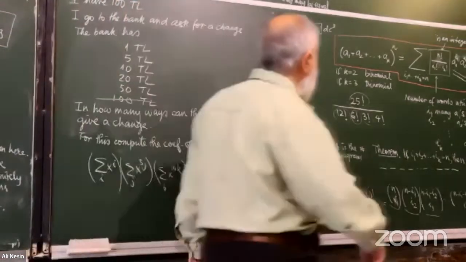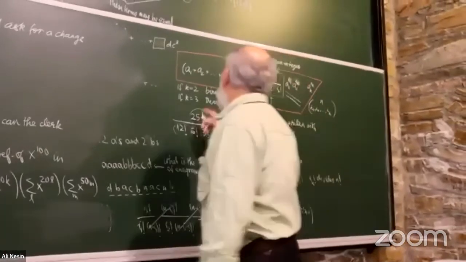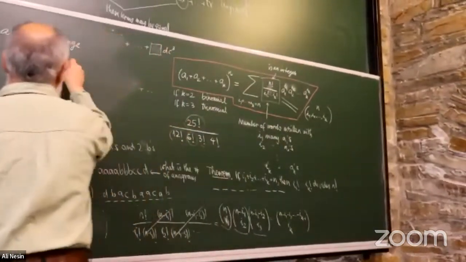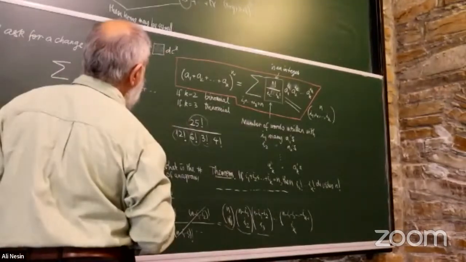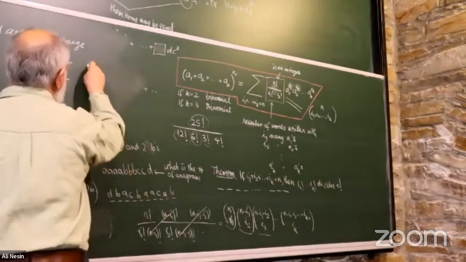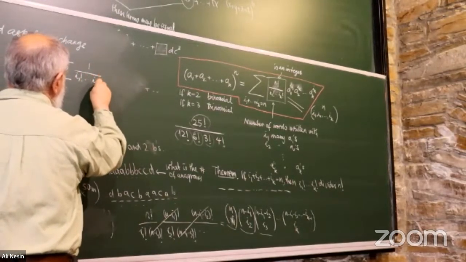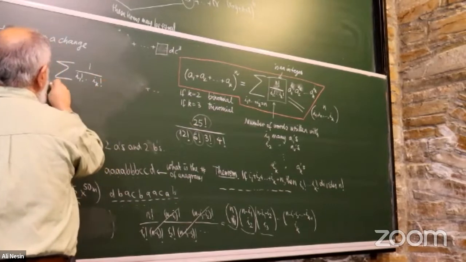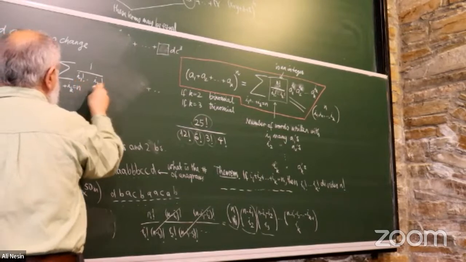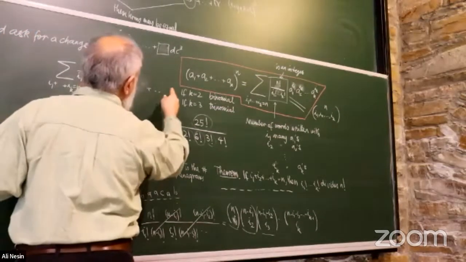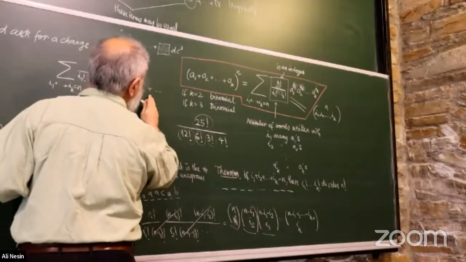Interesting fact here. If you put all the A_i's to be 1, you get the sum of 1 over i1 factorial through ik factorial, such that i1 plus through ik is n, is equal to k to the n over n factorial.